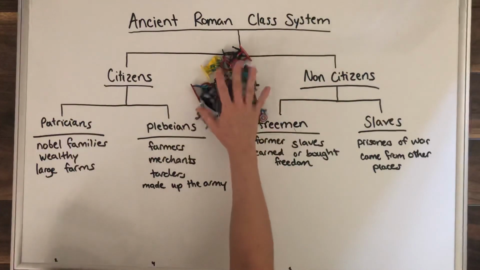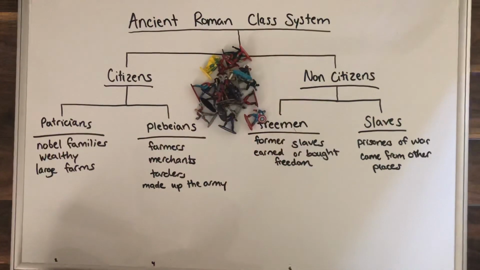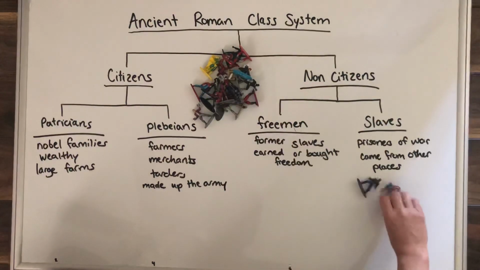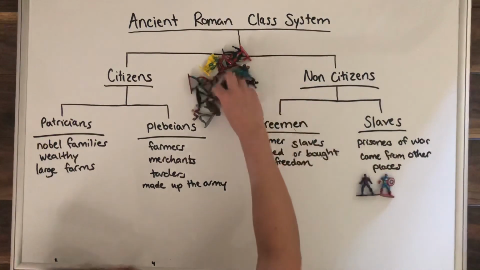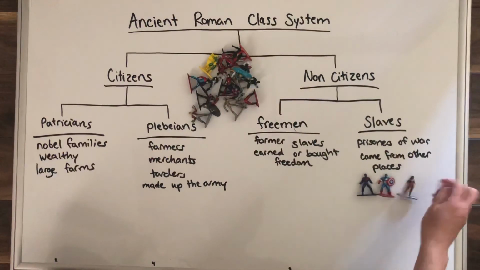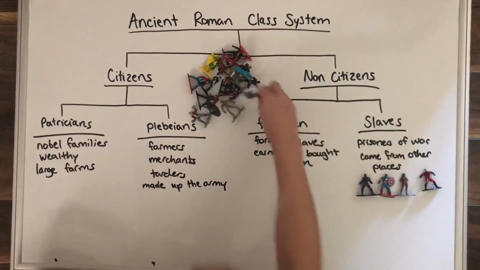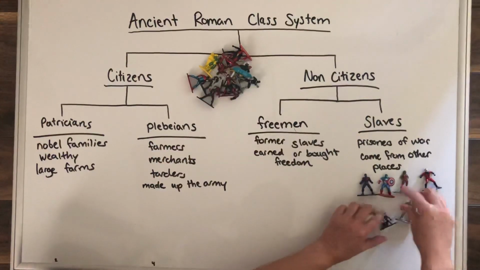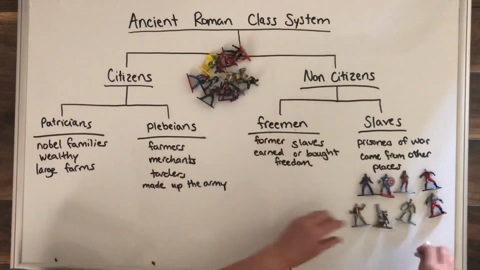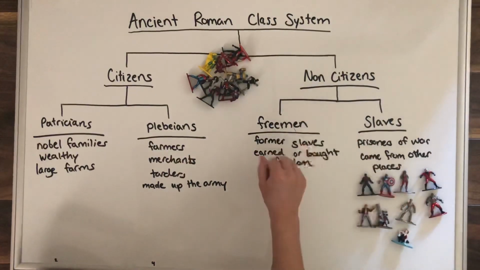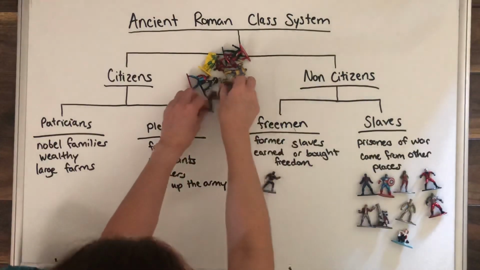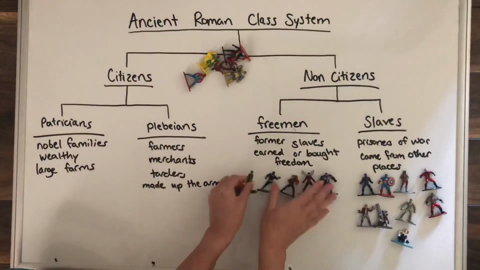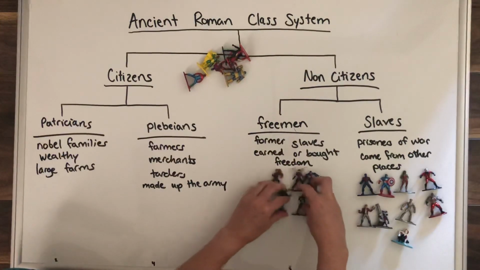Now, if these are all the people who are living in Rome, a lot of them are going to be slaves. So I'm going to put some over here for slaves. You might recognize some of them. All right, so we have our slaves over here, and some of them who became freemen, but they're still living there, but they're not owned anymore. Here, I'll put them down here.